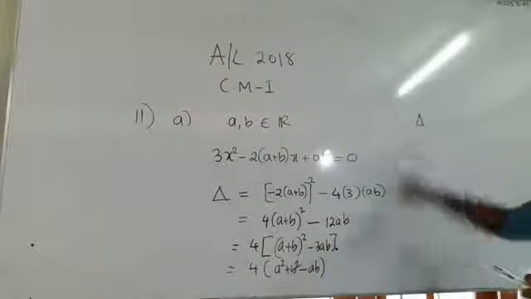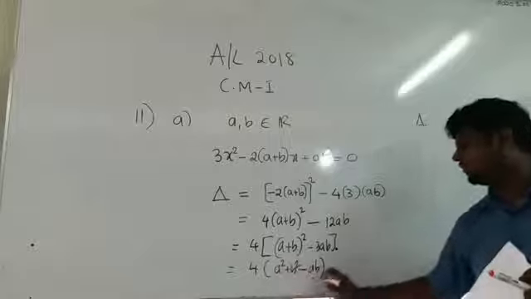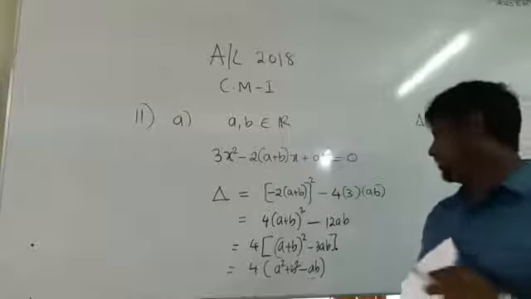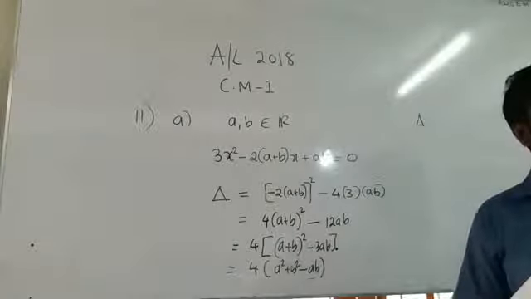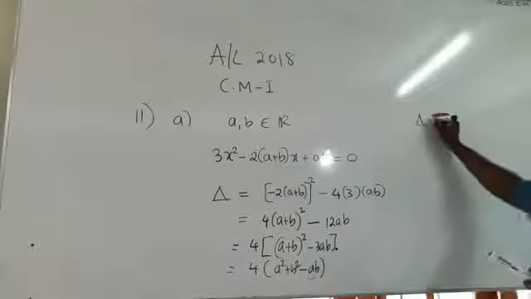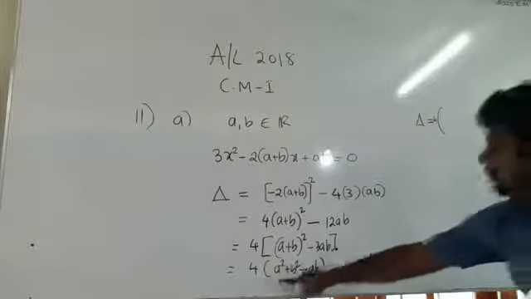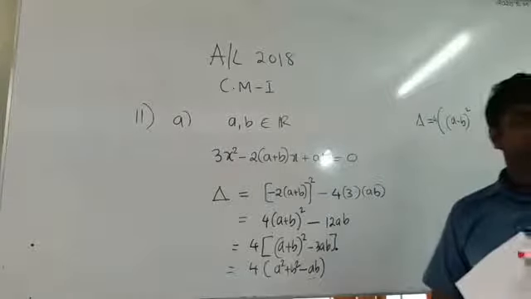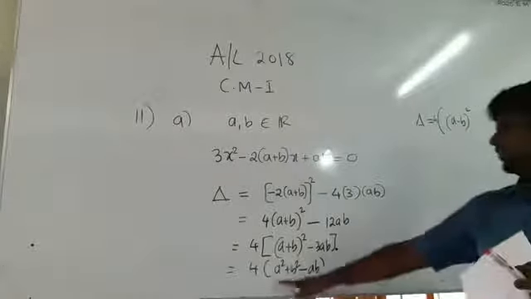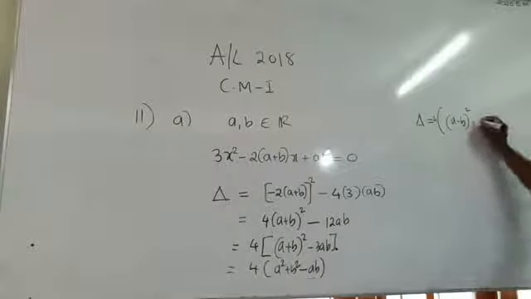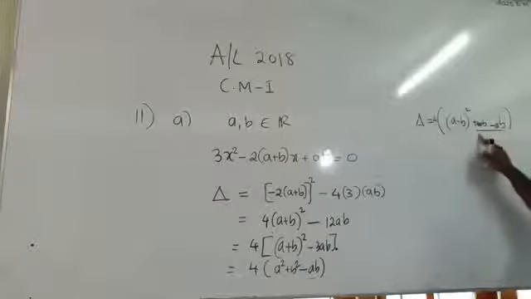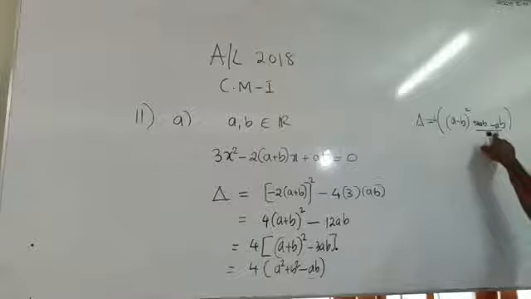The problem is, if you take the 4 out, how are we going to say this is positive? Some students try to write a minus b all squared: (a plus b) squared equals (a minus b) squared plus 4ab, minus ab, then plus 3ab.